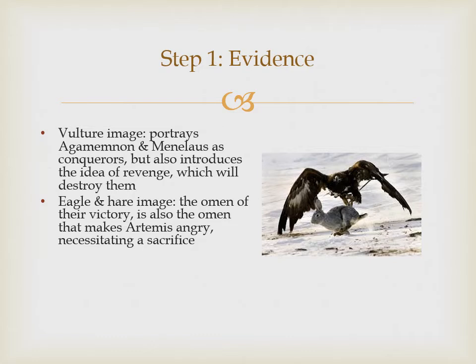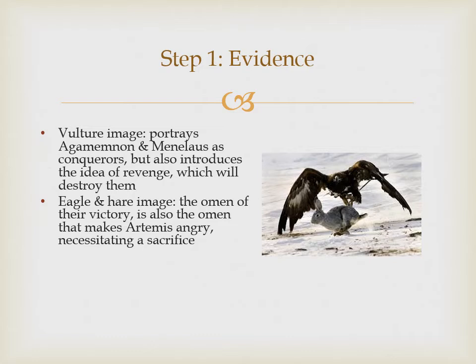And it's the anger of Artemis that necessitates the sacrifice of Iphigenia, which it could be argued precipitates Agamemnon's downfall. So it's got both the victory in it and the doom in it at the same time.